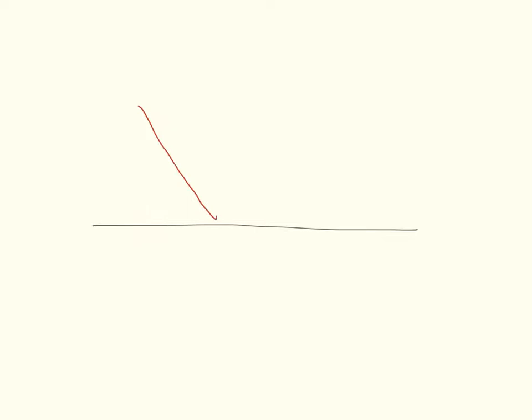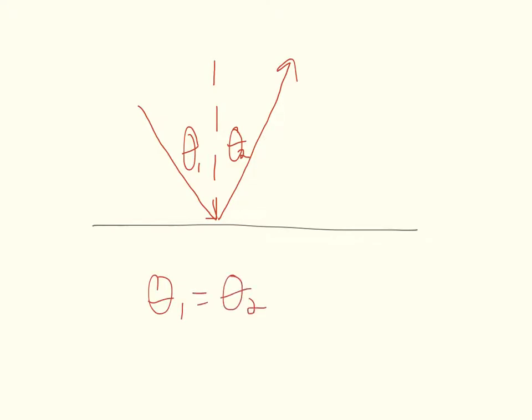So if I draw my normal in here, my normal is always perpendicular to the surface. If this angle is theta 1, and the light ray comes in like this and hits a specular surface, the way it will reflect will be at the exact same angle, theta 2. That's really what the law of reflection is telling us, that those two angles are equivalent to one another.